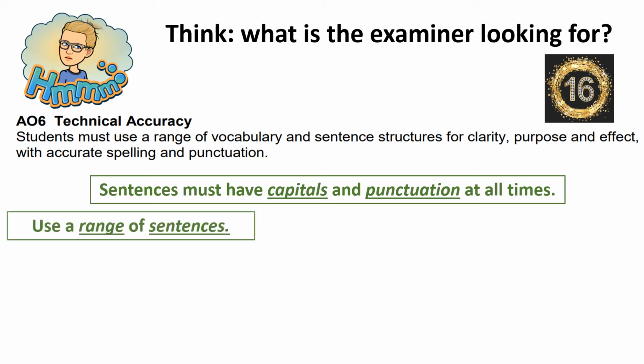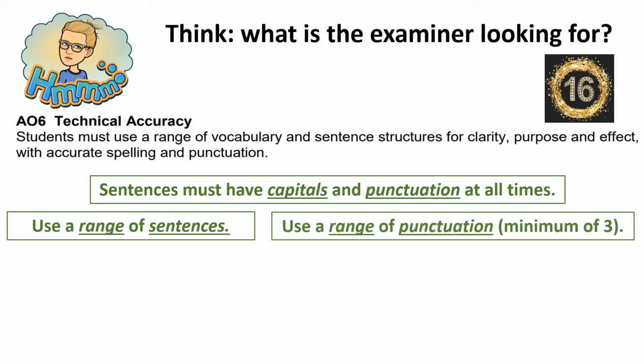You need to use a range of sentences, and I will clarify and explain what that is later on. You need to use a range of punctuation. So this is not including full stops, and it means a minimum of 3 types of punctuation. There are already on the screen 4 types of punctuation.